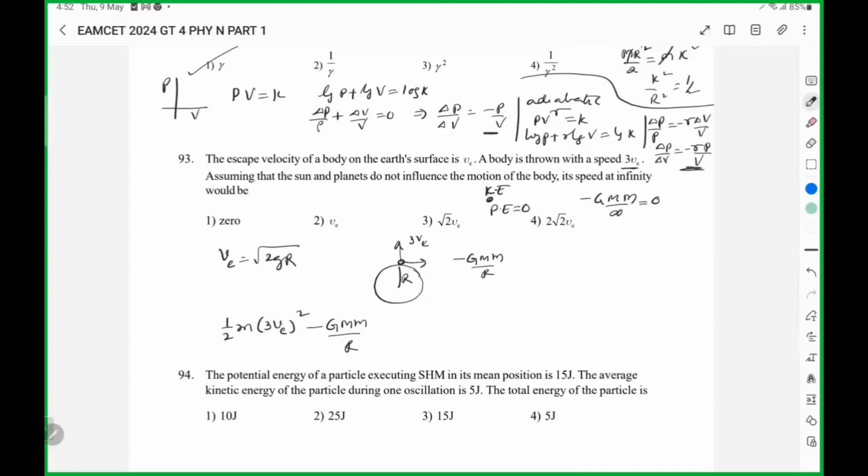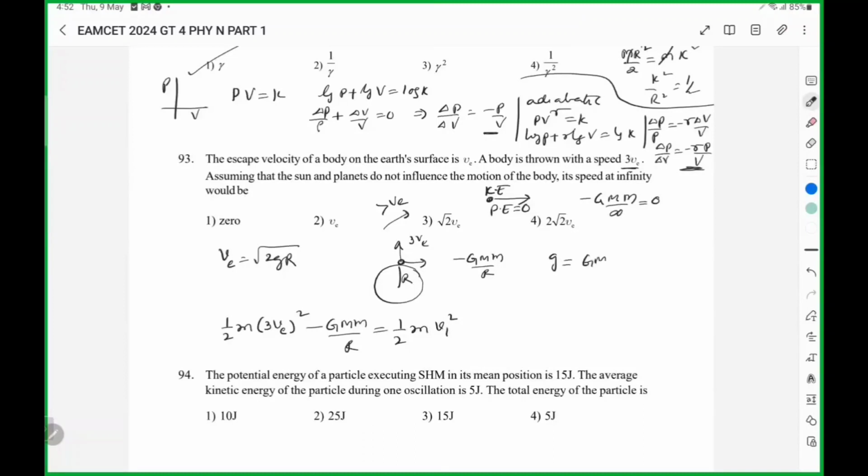So since it is thrown with a velocity more than v, because 3v, at infinity it has some velocity, let us say v1 square.